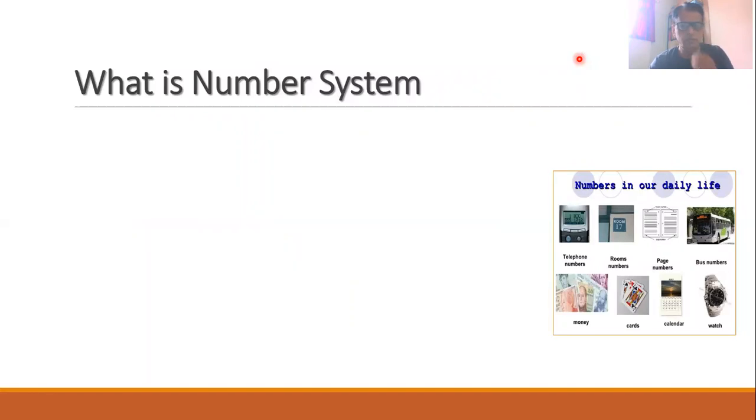In our daily lives, we are always dealing with numbers. We have mobile phones or landline phones, and your mobile phone is recognized by the mobile number. The rooms in a hotel have room numbers. A book has several pages, and every page is identified by a page number.